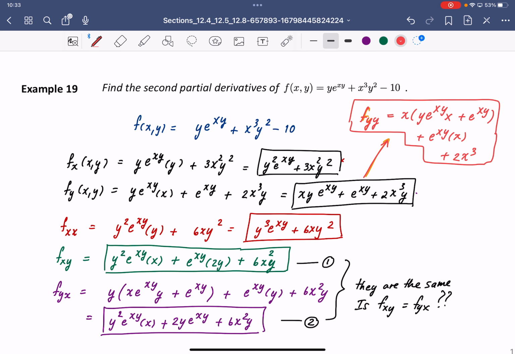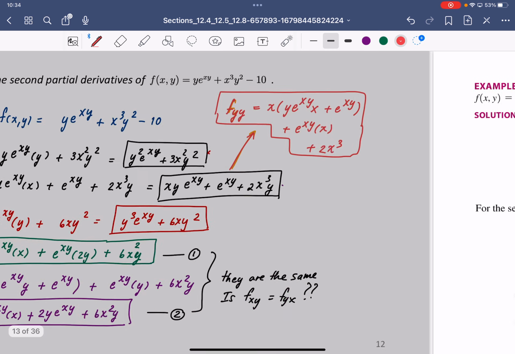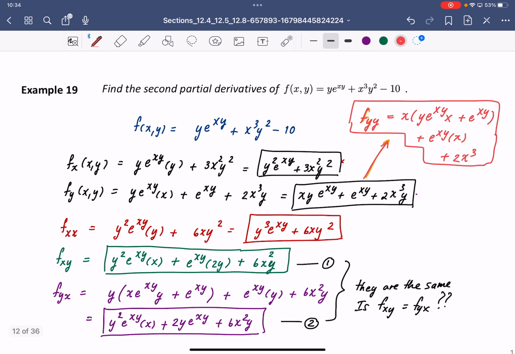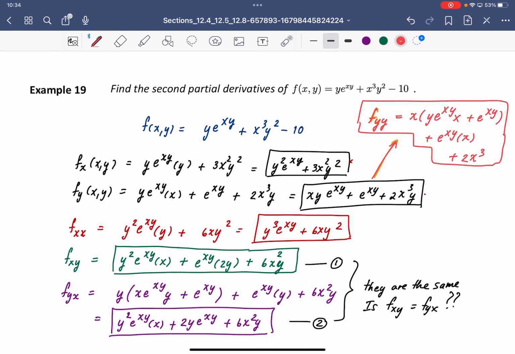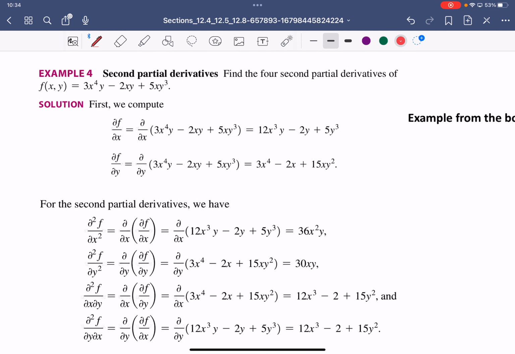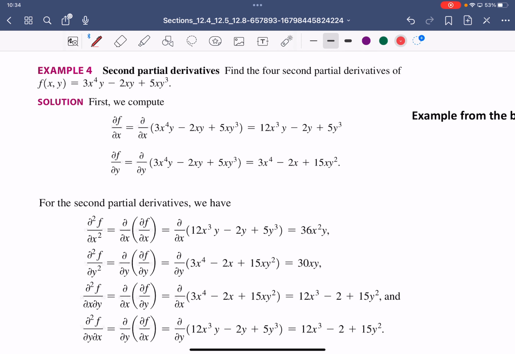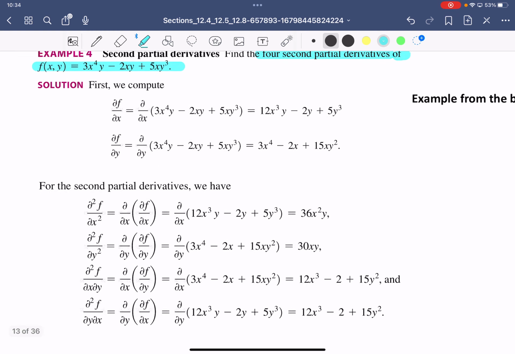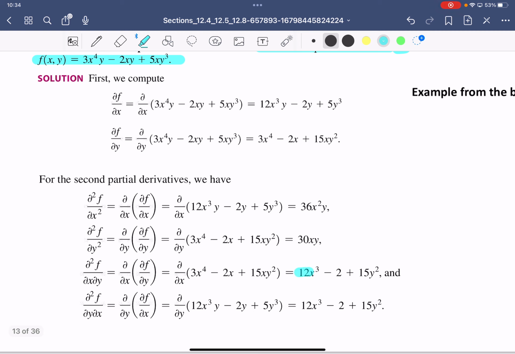Alright, so we're gonna continue on the next page with example 20. Example 20, this is from the book. When you do the fourth-order, or second partial derivative, of the function f, with another example you have the same pattern, that this and this are the same.